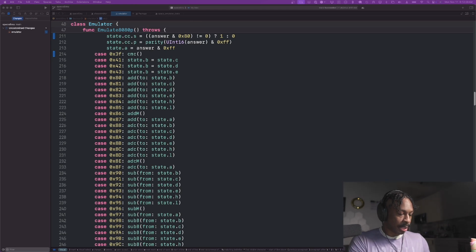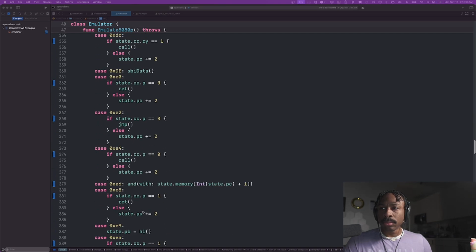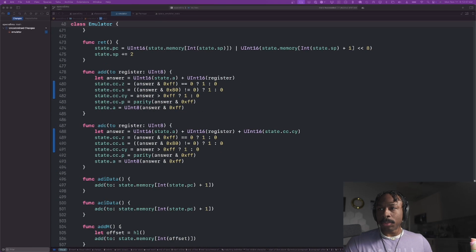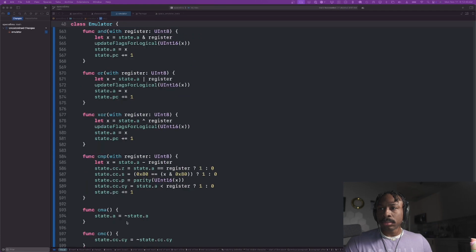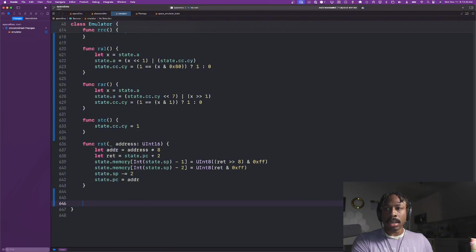So let's go ahead and start implementing this. I'm gonna again create helper functions rather than just implementing it in my giant switch statement. So we're gonna do function pop, register 1, register 2 is uint8.